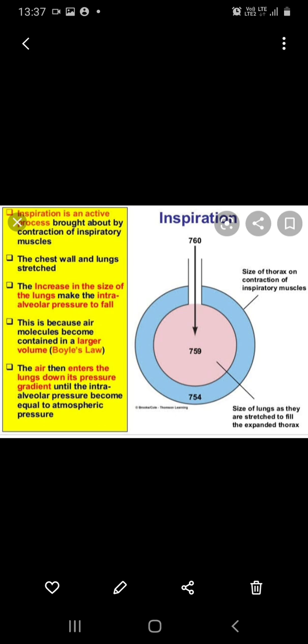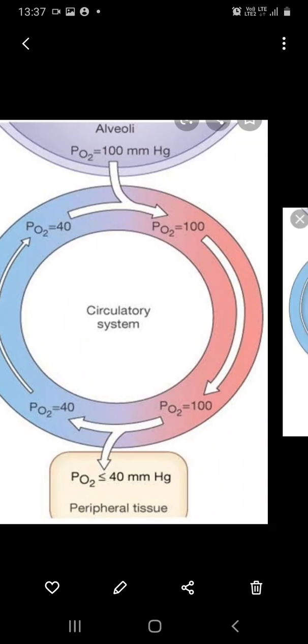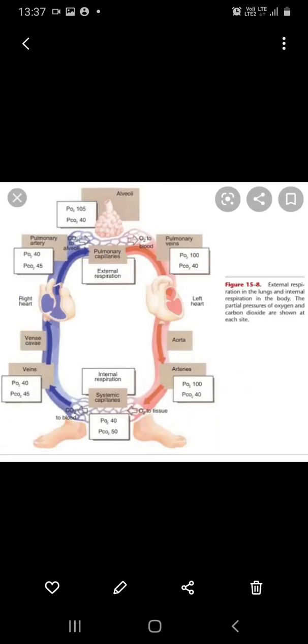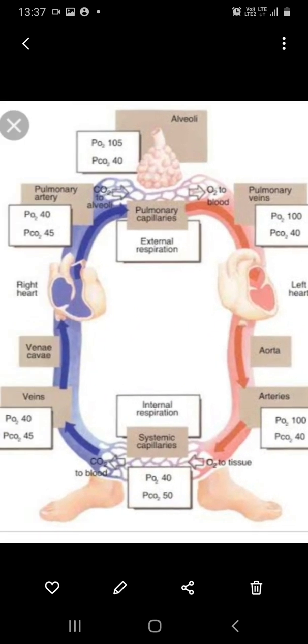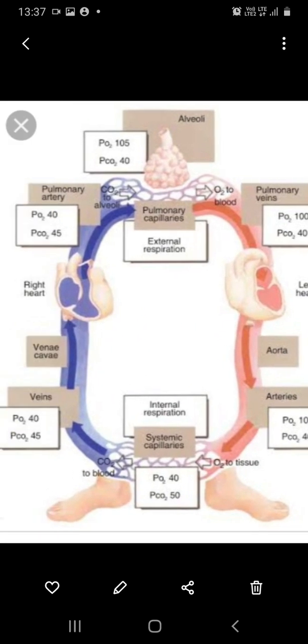Each gas component of that mixture exerts a pressure.